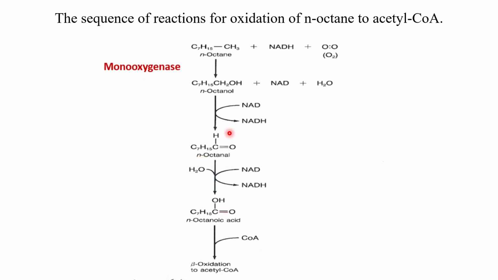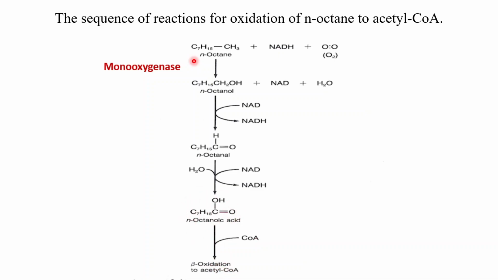From this aldehyde, octanoic acid, that is a carboxylic acid, is formed. This octanoic acid is nothing but a fatty acid. Any fatty acid can be broken down to acetyl coenzyme A in a stepwise manner by beta oxidation. So it's a fatty acid metabolism process.